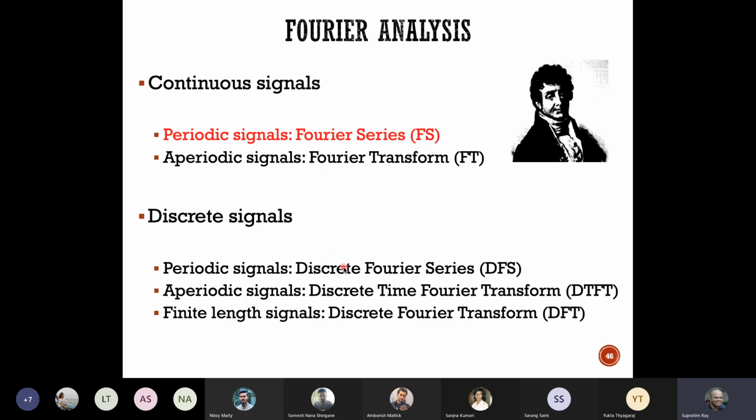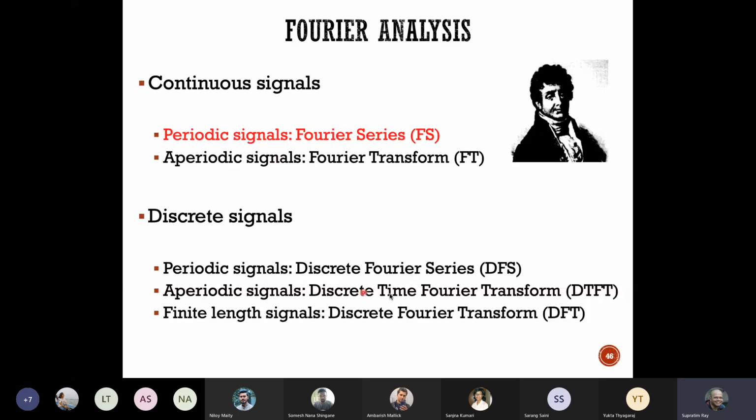But these changes are heavily interrelated, so it's important to be aware of these slightly different forms of Fourier analysis for different types of signals. We will start with the simplest type, a periodic signal that keeps repeating itself, like a sinusoid, a triangular wave or a rectangular wave. We'll talk about the Fourier series.